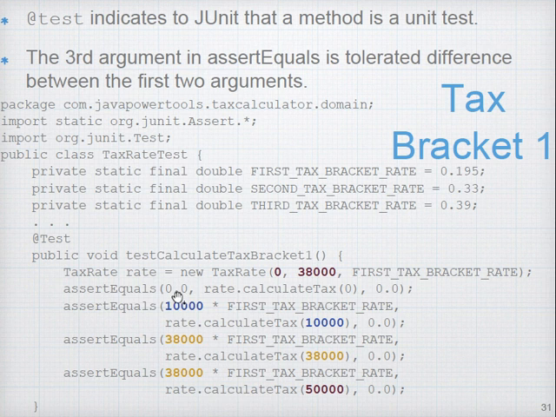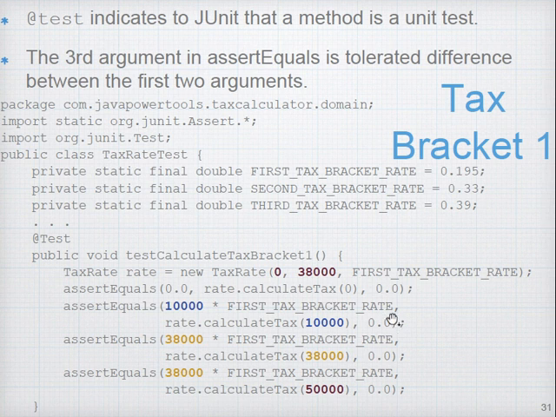it compares the first argument with the second argument, and the third argument is the tolerance of the difference, because for floating point calculation there may be some precision problem. So maybe you want to allow 0.01 error, rounding error.